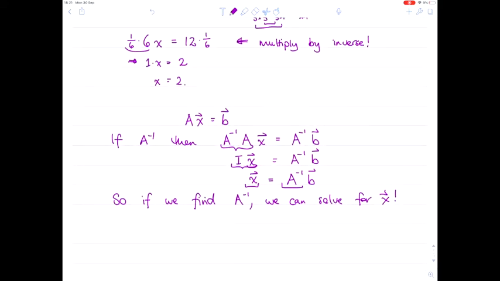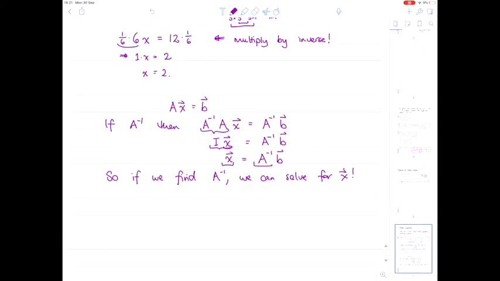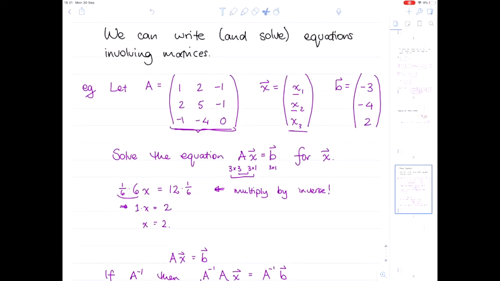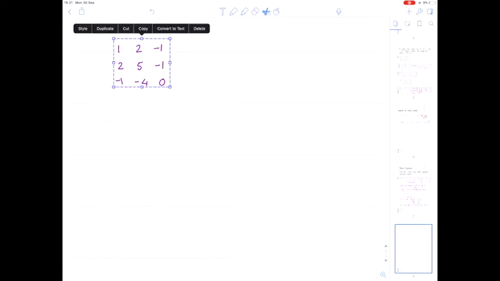So let's go ahead and do that, because it's going to give us a little bit of practice with finding inverses. Here's my matrix A, and I want to find its inverse.